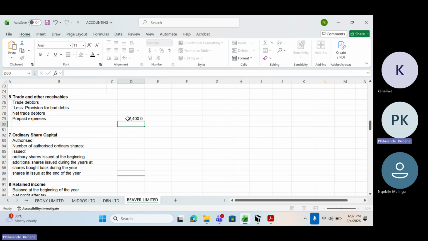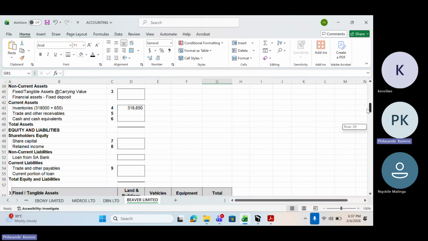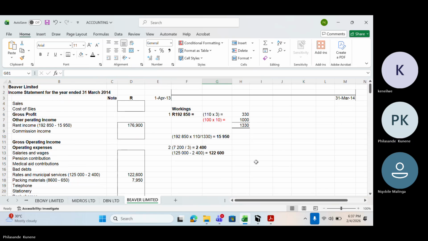Am I right here by doing this? Because I paid extra 2,400. I'm supposed to pay it next year. I paid it before receiving the service. So which means that is going to be trade and other receivables.